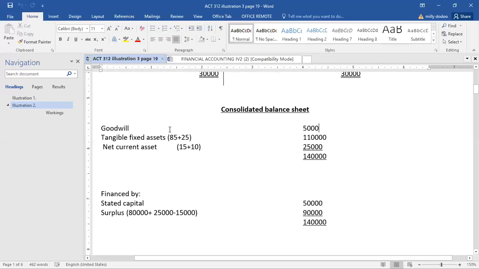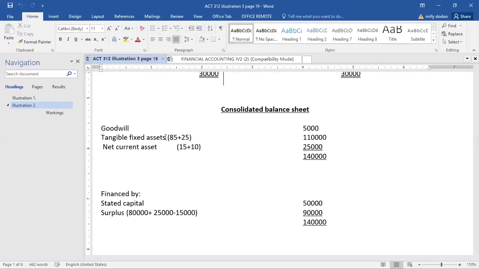So the balance sheet, you mean the balance sheet? Yes, please. Okay. So we said you have your goodwill which you didn't write off. You stated there 5,000. Then you add your assets like the way we did for the first illustration, 85 and 25.